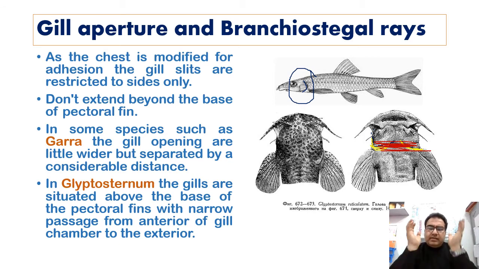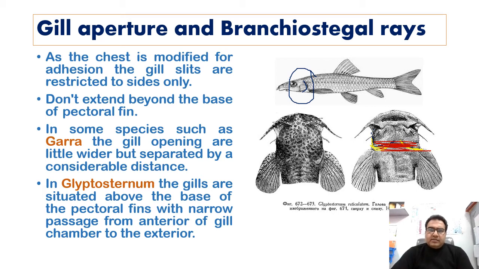But this is compensated by the narrow passage, because when the fish takes in water, it takes a longer time to get out, and thus more time is given to the water so that the oxygen gets exchanged. Secondly, when the fish is feeding on the algal slime or is attached to the rocks and stones, respiration may become difficult.